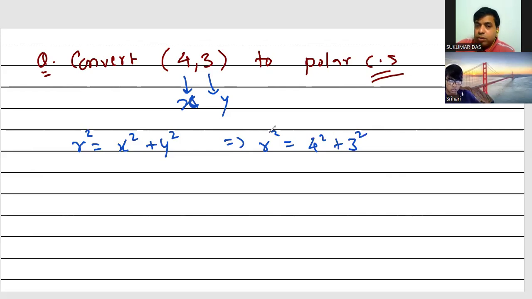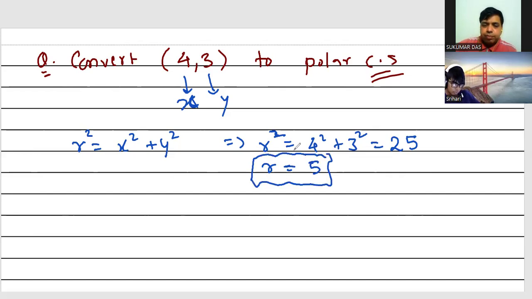No, do it correctly. 4 squared plus 3 squared, how much? It is 25, so r squared is 25. So you take the square root, right? So r will then be just 5. Don't take the minus sign. Just take r is equal to 5. Okay, so r is 5.